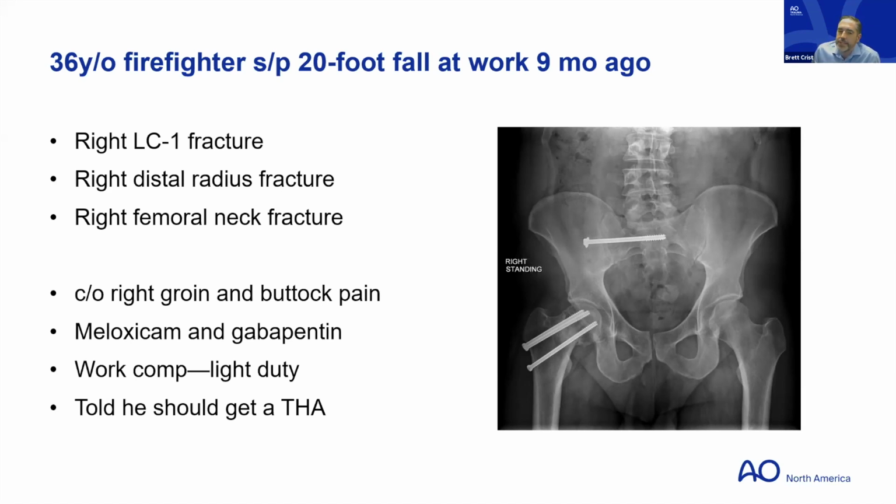No history of infection. His other injuries that were listed healed. He was getting his distal radius plate out at some point by somebody else. But he was basically referred to me after the person that fixed him. The work comp folks sent him to an arthroplasty surgeon who said he should get a total hip.